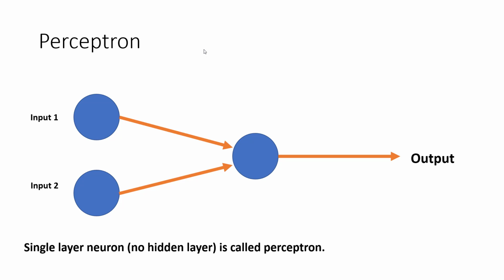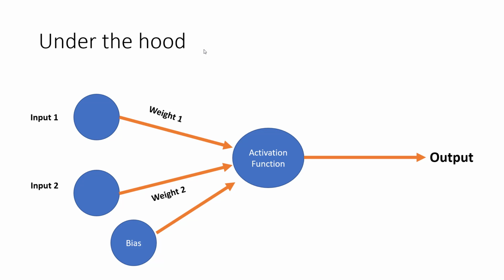So this is a single layer neuron where we are passing inputs to a single neuron, but we are not only passing input 1 and input 2, or whatever number of inputs we have. We are also passing two additional things to the neuron, and they are called weight and bias. You can see that two inputs are connected with two weights, and then there is a bias, and all of it is going into the neuron where we are applying an activation function on it.